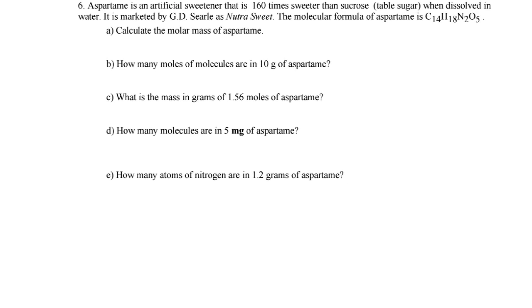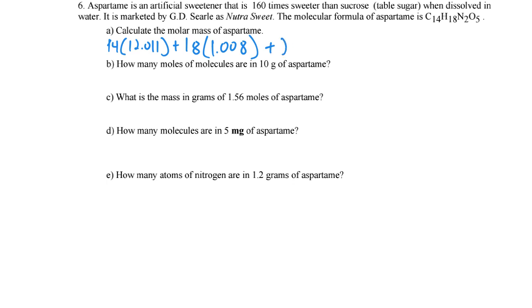All right, and number 6. So calculate the molar mass of aspartame. So it's C14H18N2O5. So to figure this out, we have to do 14 times the atomic weight of carbon plus 18 times the atomic weight of hydrogen. I'm just using parentheses to show multiplication here.